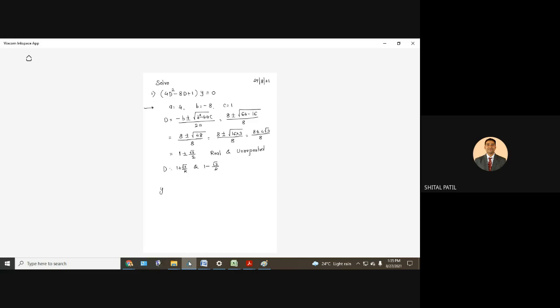And therefore what is the complementary function? C1 e raised to 1 plus root 3 by 2 x, plus C2 e raised to 1 minus root 3 by 2 x. No need to write the answer in terms of cos and sine. We don't have complex roots. We don't have imaginary roots. This is the solution.